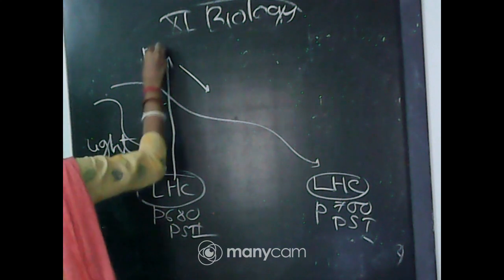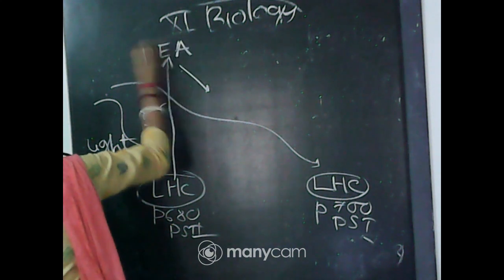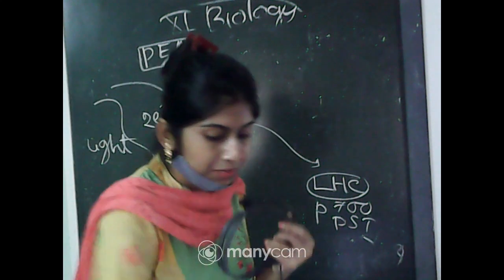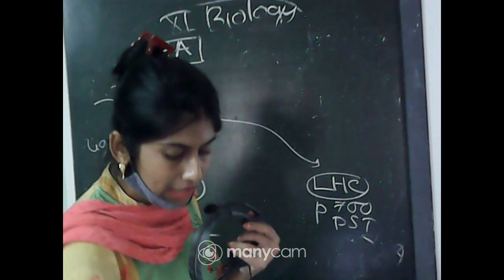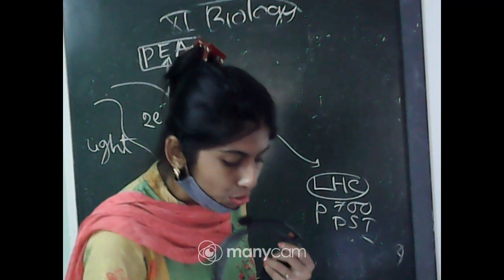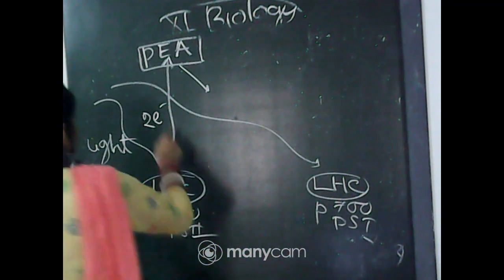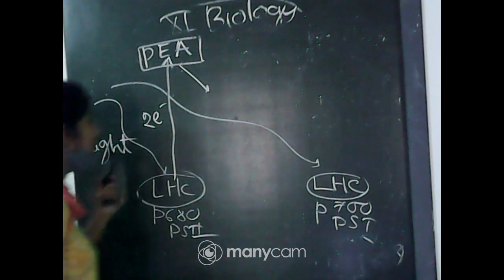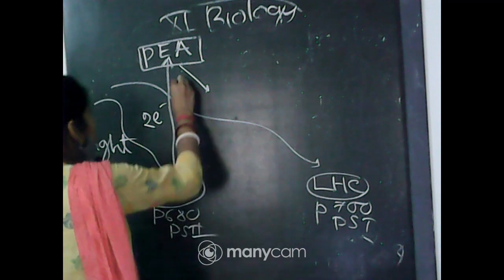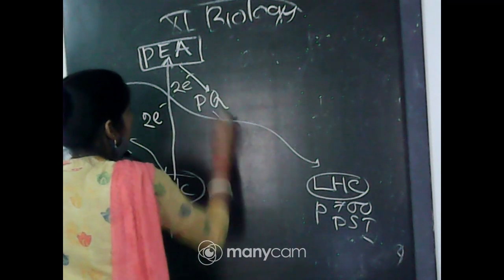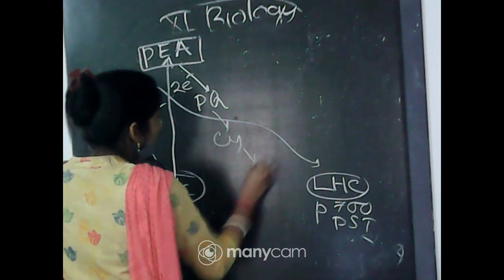Here we get the primary electron acceptor, in short PEA. The full form of PEA is primary electron acceptor. First the primary electron acceptor accepts the electrons and then sends them through an electron transport chain: PQ, CY, PC.